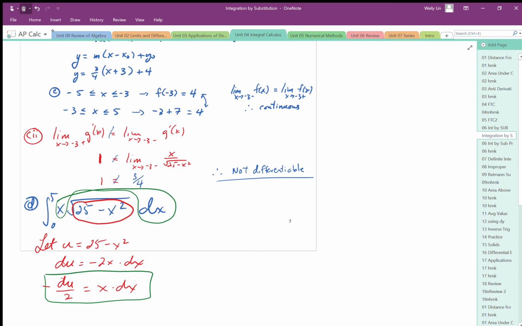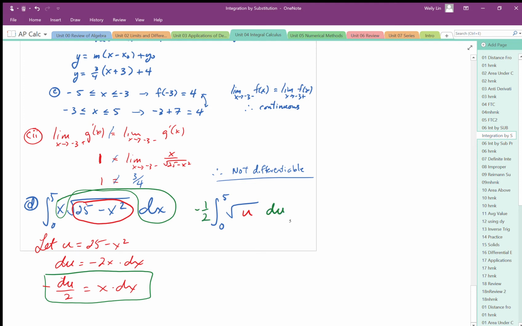So then, when I work this out, I'm going to set this integral up in terms of my u. So I'm going to put in u, and then the x dx can be replaced by negative 1/2 du. So there we go.